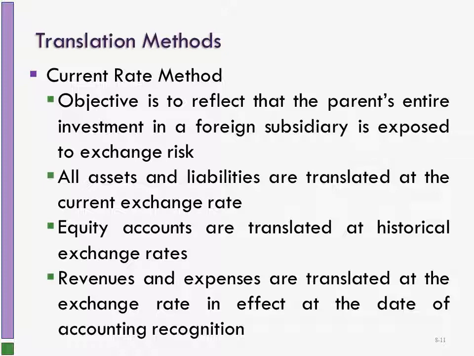To measure the net investment exposure to foreign exchange risk, under this method, all assets and liabilities of the foreign operation are translated using the current exchange rate. Equity accounts are translated at historical exchange rates.